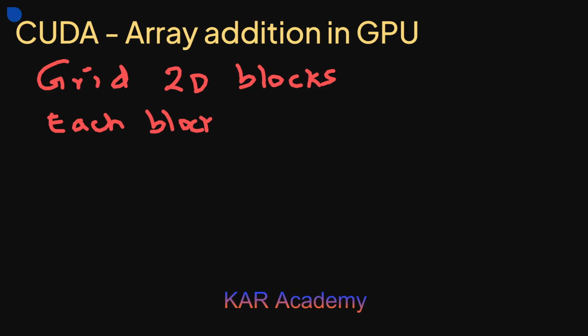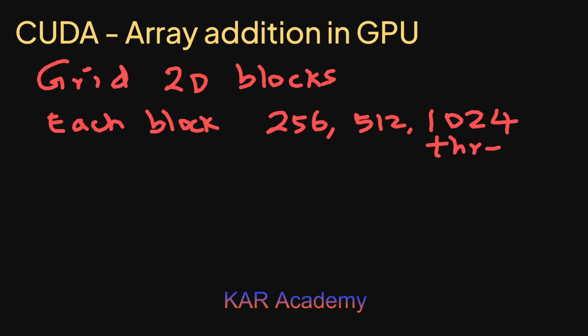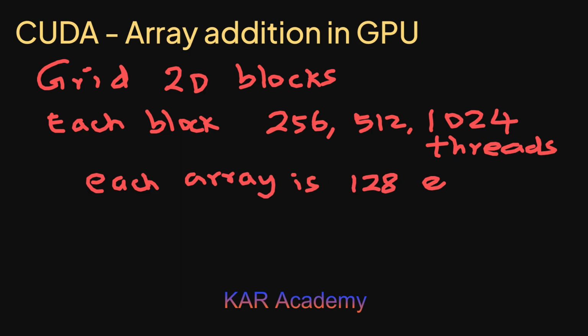Some GPUs will have 256 threads, some 512 threads, some 1024 threads. In this program, let's assume that each array is 128 elements wide.